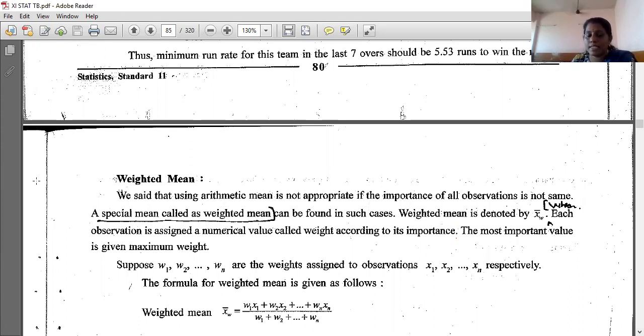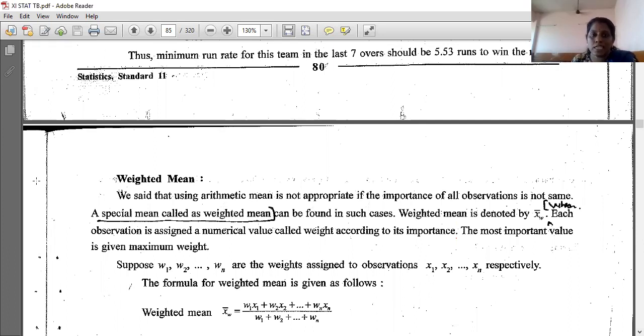The first illustration, that is the 10th illustration, was a simple sum. In that n1, n2, n3 were given, and x bar 1, x bar 2, and x bar 3 were given. Simply you have to put the formula and find. In illustration number 11, they have given ratios, that is n1 and n2 were not directly given. They gave them in a ratio of 1:2, so you have to find n1 and n2 using that ratio.